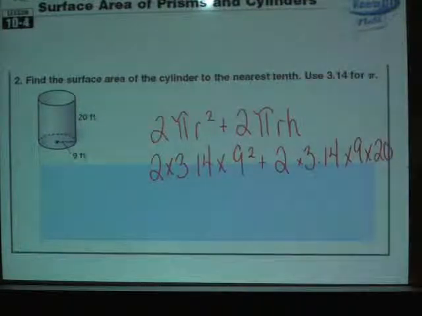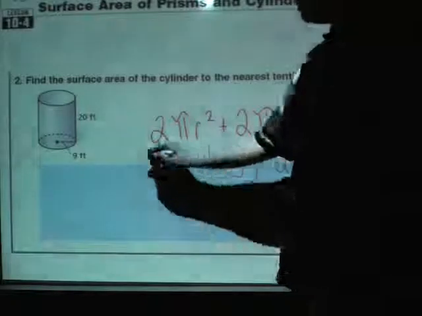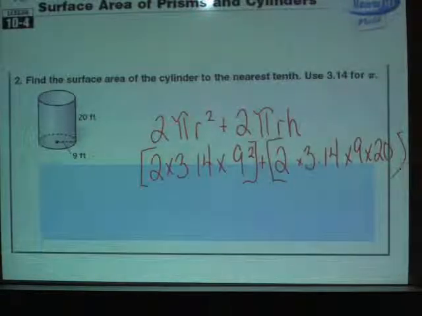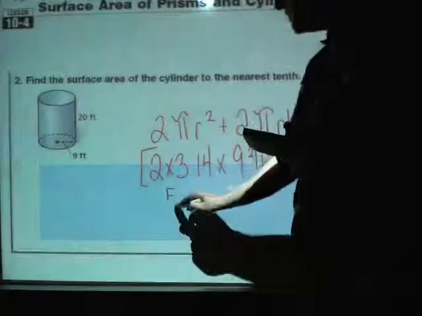All right, so some order of operations here. I've got to do this whole chunk first, but only after I've done the exponent. Then I've got to come over here and do this chunk. So I've got 2 times 3.14 times 9 squared. 2 times 3.14 times 81 is 508.68.